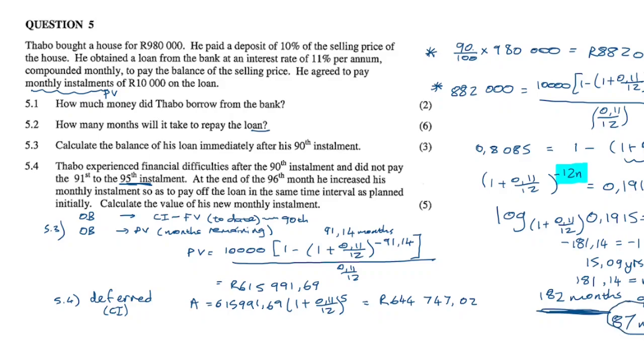And so I'm going to use present value like normal, but there are 87 months left. And so it will simply be this amount, 644,749. I don't know what the monthly amount is. I just know that it's going to be a little bit more because my loan grew and I've got less time to pay it off.